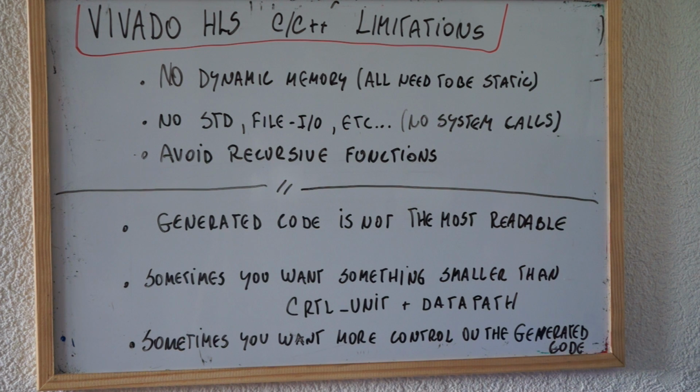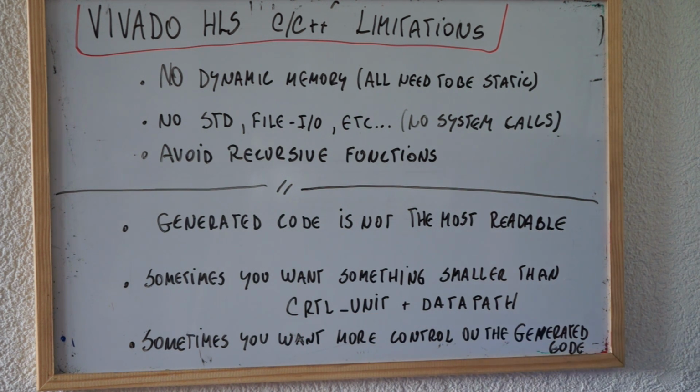In the first lab we're going to do the division algorithm, and you guys can compare the readability of the code that you wrote by hand in the FPGA playlist, the training, with the code generated by Vivado HLS. So it's not made for you to generate the code, read the code, and say, this is how it does it. No, it's not. Sometimes you want something smaller than the standard control unit and data path.